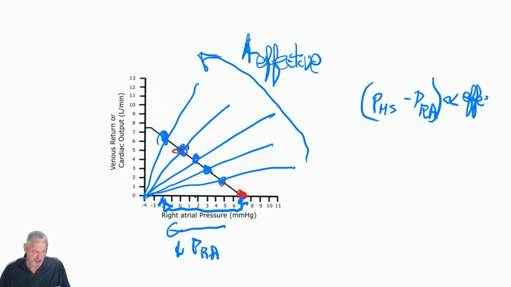And that's how the heart does what it does. The more effective it is, the more it decreases right atrial pressure and intersects this curve. So our operating point, as we said earlier, is always where the cardiac output curve intersects the venous return curve.